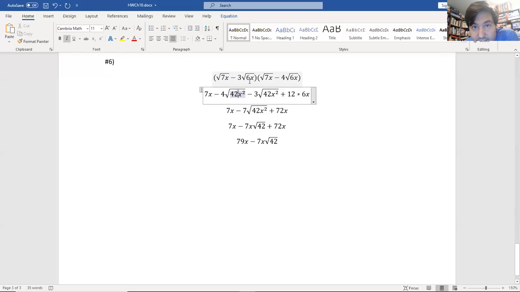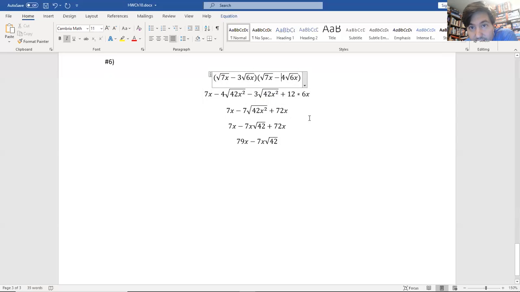So that's the outside term. Now we're going to do the inside term of FOIL. You got this negative 3 root 6x times root 7x. Negative 3 again is just going to go out and park in the front here. There's your negative 3. We saw this from before. Root 6x times root 7x is root 42x squared. For your last terms, you've got a negative 3 root 6x times a negative 4 root 6x.